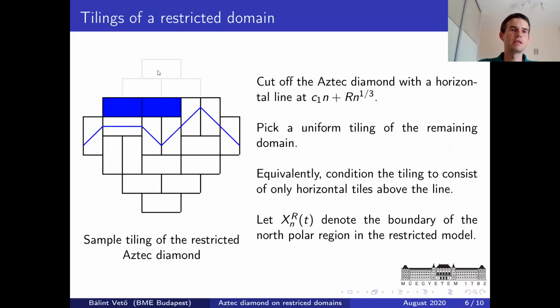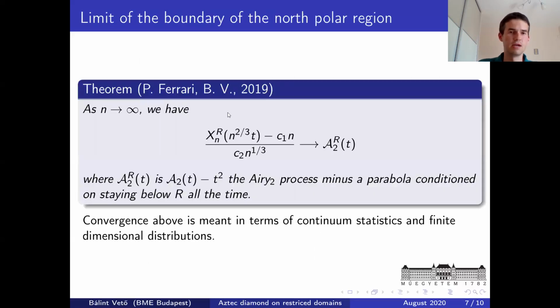We can say equivalently that we keep the part that is above this line to be all horizontal, and we call x_n^r the boundary of the north polar region in this restricted model. There is still some polar region, which might be also empty.